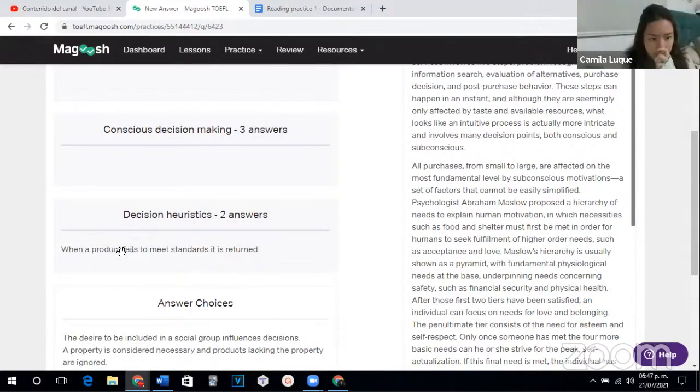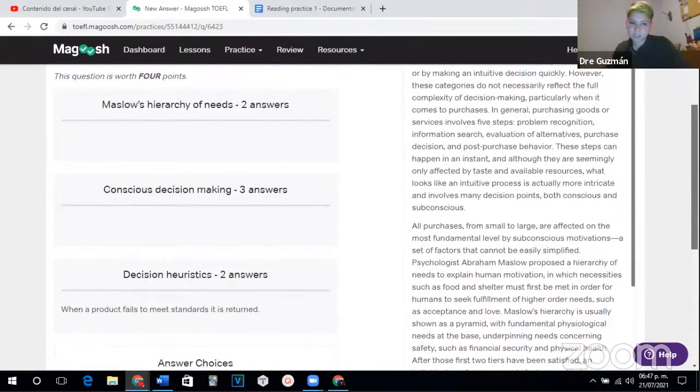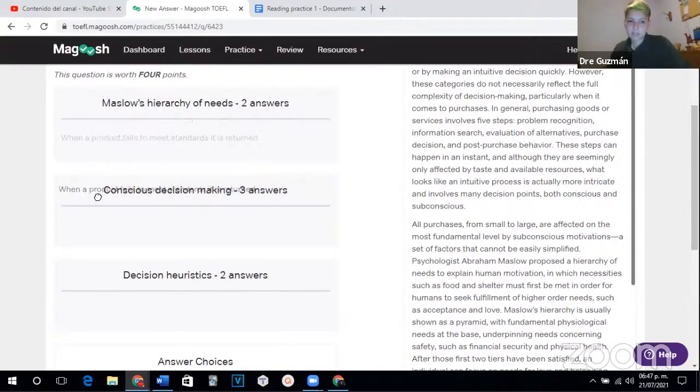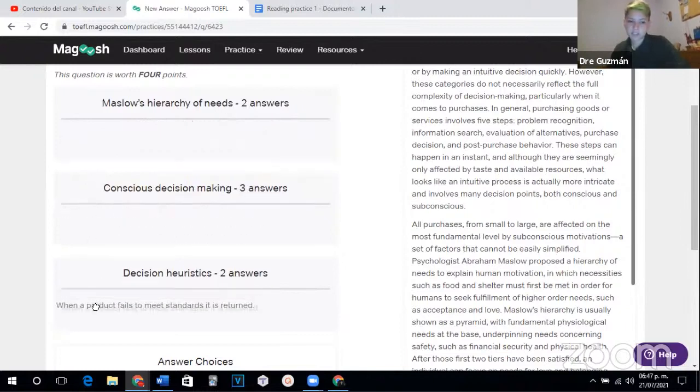So do you think this fits more like mental shortcuts or conscious decision making? The text mentions kind of 3 ways that people make decisions when buying things, right? It goes according to the pyramid, a conscious decision, or a kind of mental shortcut.